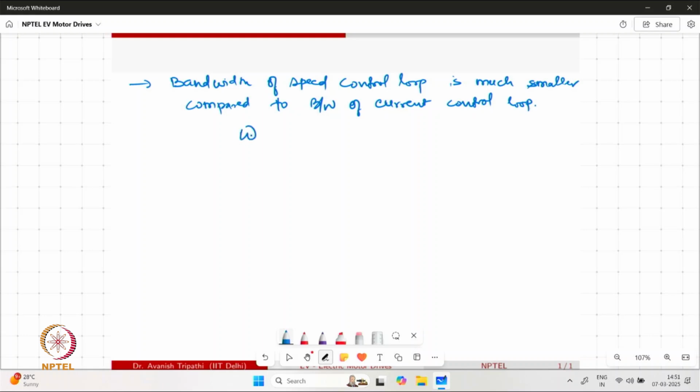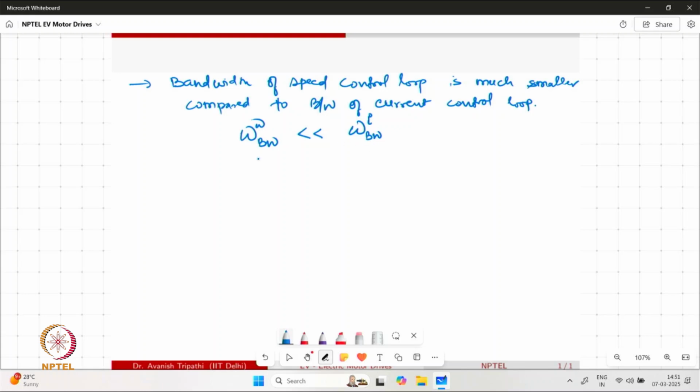So if we denote omega b omega as the bandwidth of the speed control loop, we are saying that this is much smaller compared to the bandwidth of the current control loop denoted by omega b omega I.